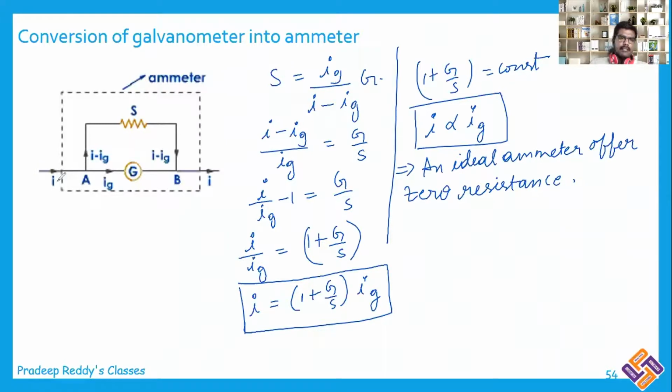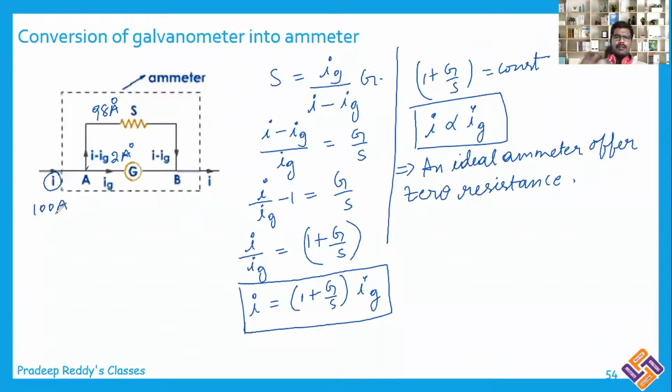Because see, suppose 100 ampere of current is coming here. Out of that 100 ampere of current coming over to this point A, the shunt resistor is a very small value. 98 ampere of current goes through the shunt resistor. Only 2 ampere is going through the galvanometer resistance. Therefore, the maximum amount of current is passing through the shunt resistor. Therefore, the ammeter is said to have negligible resistance because shunt resistance is very small.